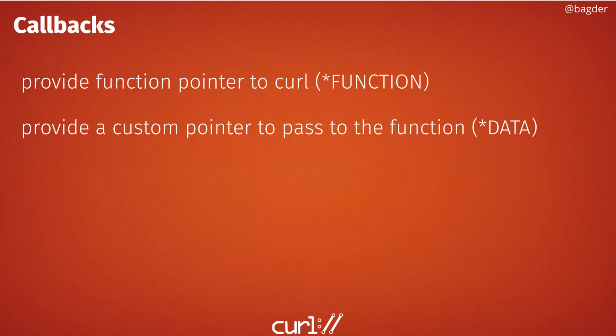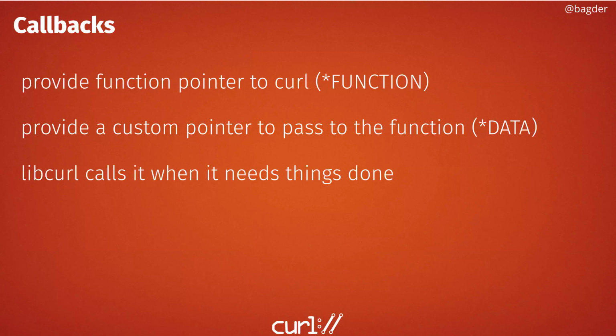And you provide a custom pointer to that callback if you want to, called something like CURLOPT_blah_DATA, which then is just a pointer from your application passed into the callback. So you can pass in private data to the callback, for example, a pointer to one of your structs or something like that. And then libcurl calls that function, the callback, whenever it needs things done.